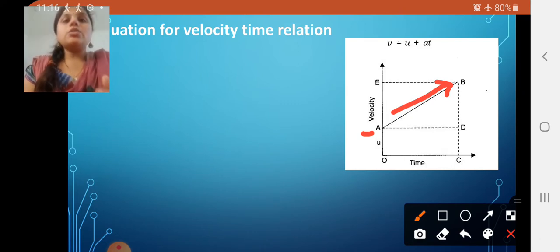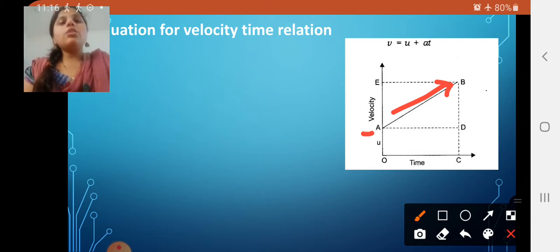It is uniform acceleration also, because we are representing velocity and time. What is acceleration? The rate of change of velocity is called acceleration. So you can see here this is the uniform acceleration.